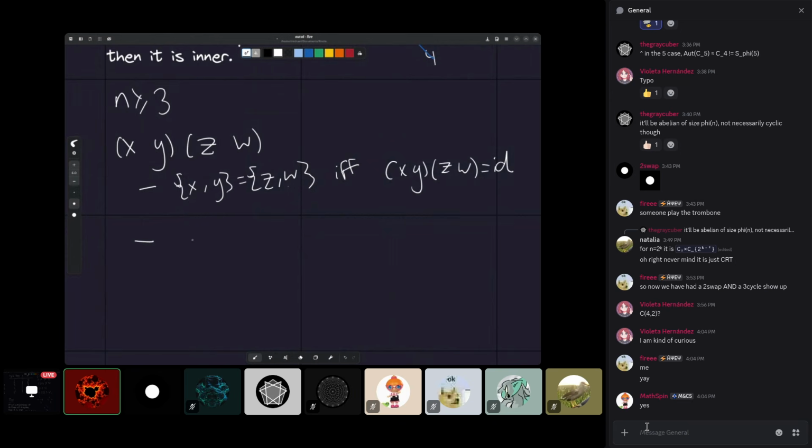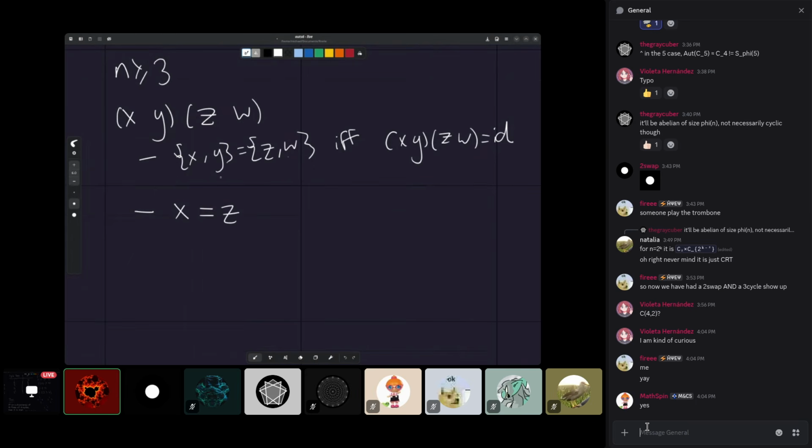So that's case 1. Case 2: one of these things is equal, say x is equal to z. So these have got one thing in common. We're assuming these are 2 cycles, so x is not equal to y. So if they have one thing in common, what happens when you take that product?